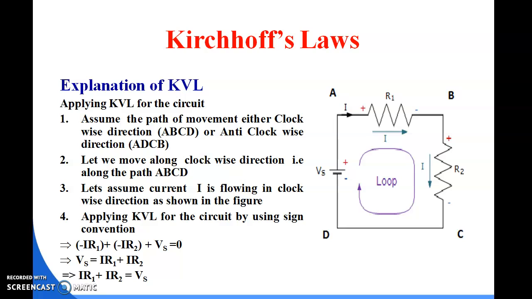Let's assume that the current is flowing in a clockwise direction as shown in the figure. Here Vs is the supply voltage, current I is the current flowing through this circuit, R1 is resistor 1 and R2 is resistor 2. Then applying KVL to this circuit using sign convention, we conclude that Vs minus I R1 minus I R2 equals 0.